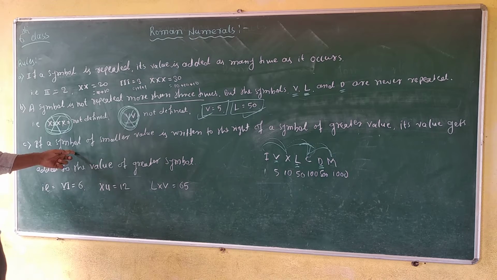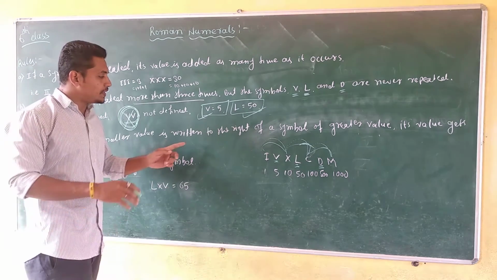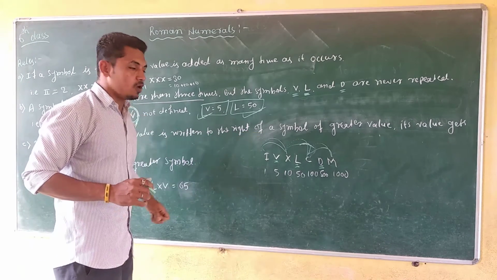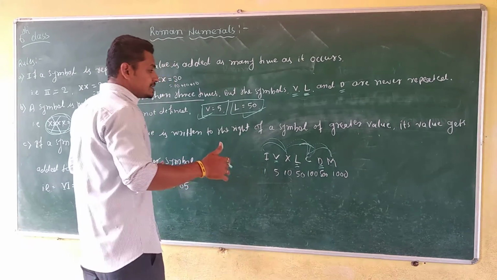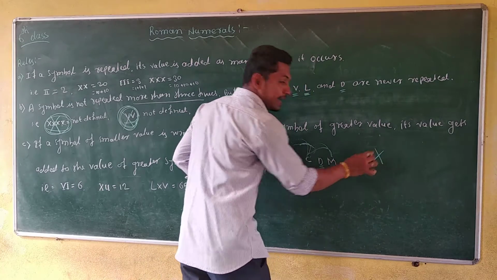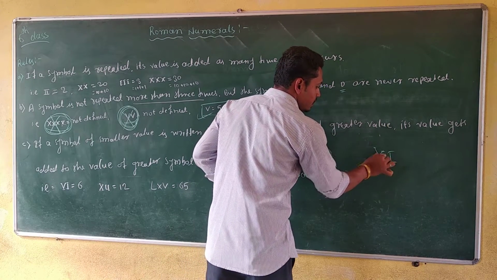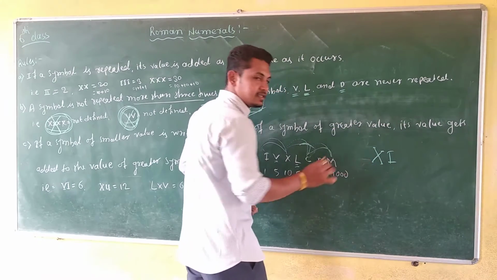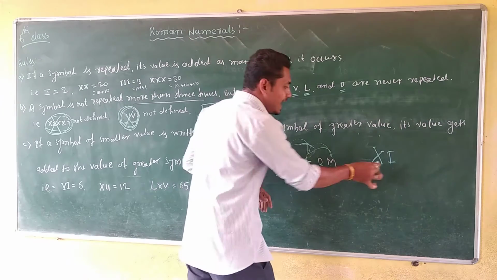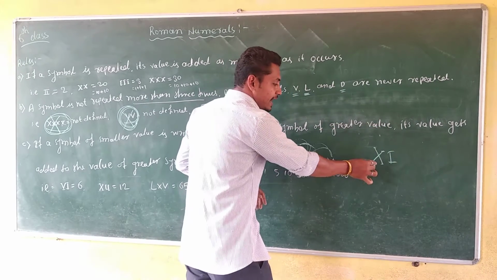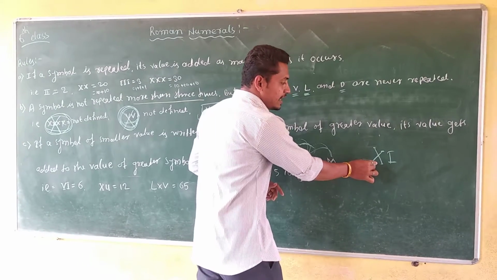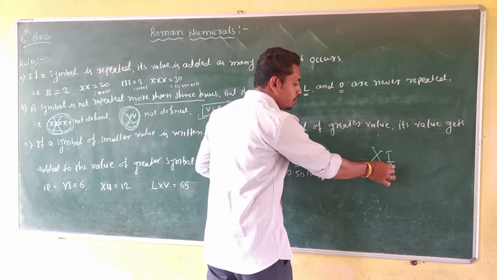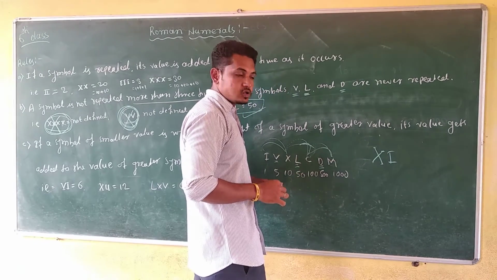If a symbol of smaller value is written to the right of a symbol, which side is right? See here, this is X and this is I. So I is on the right hand side of the X and X is on the left hand side of the I. Did you understand the sides?